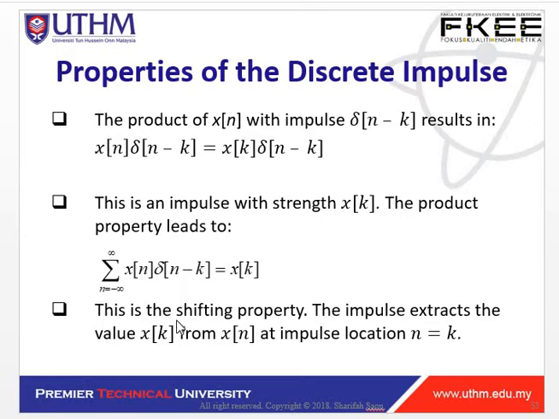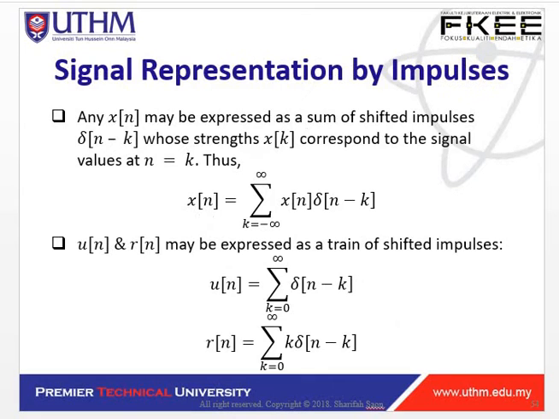So actually this is the shifting property. The impulse extracts the value of xk from xn at the impulse location n equal to k. As I told you just now, it extracts the amplitude value, the xk value, from xn. So, signal representation by impulse. Any xn can be expressed as a sum of the shifted impulse, delta n minus k.